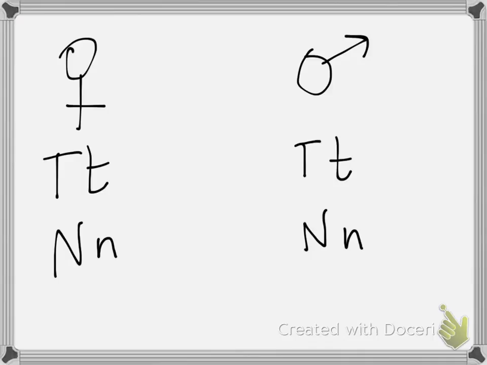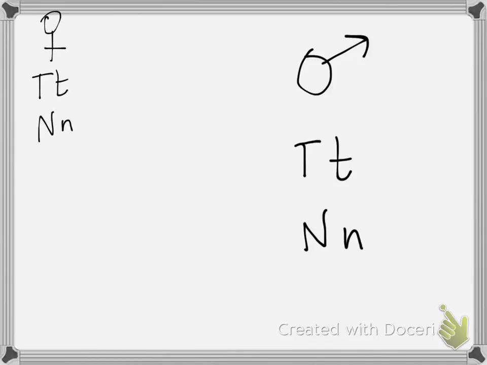So we start off by figuring out what possible combinations exist in the gametes. For every egg mom creates, it can have either a big T or a little t, right? Every big T egg can have a big N or a little n.